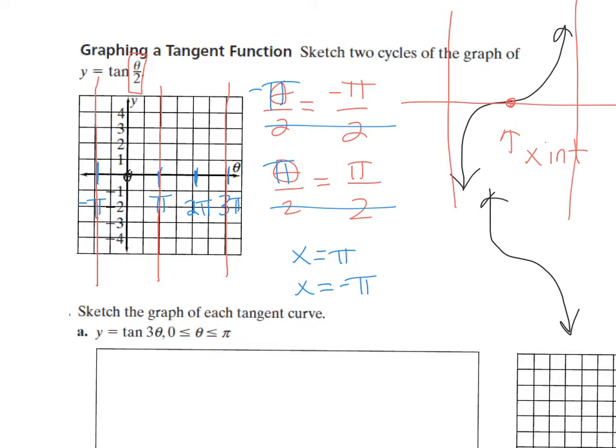The x-intercept is going to be halfway in between the vertical asymptotes, so I'm going to graph it like this, and it's going to go up and down like this. So this is 2 cycles. One cycle is this part, and the second cycle is this part.